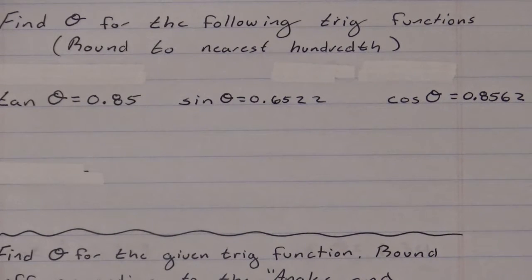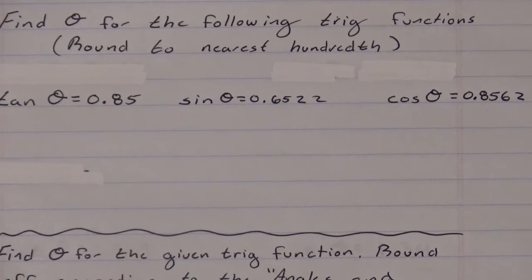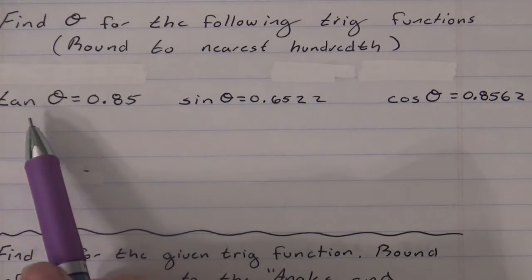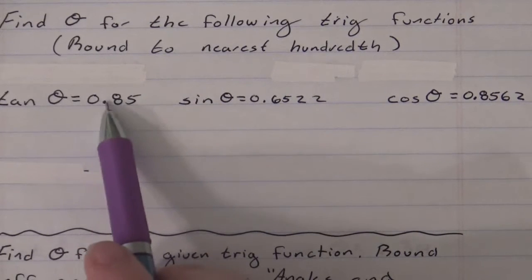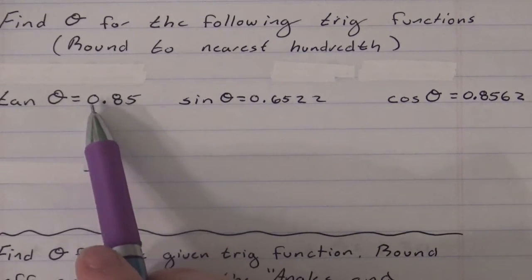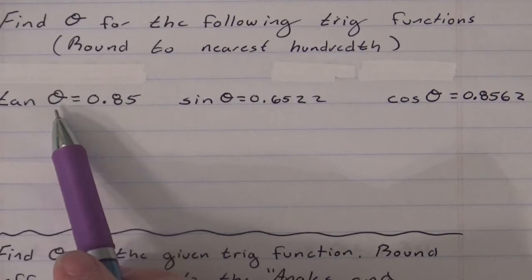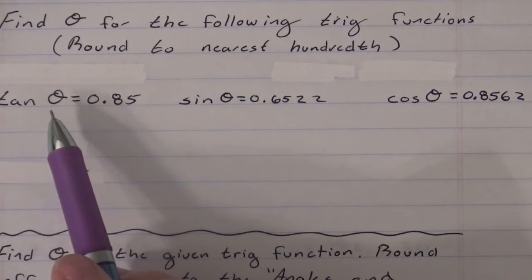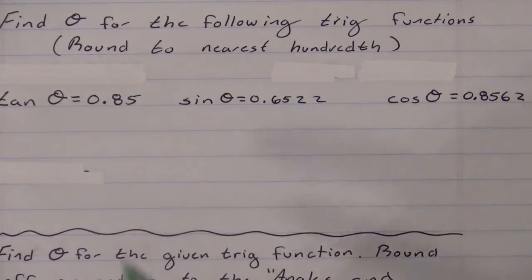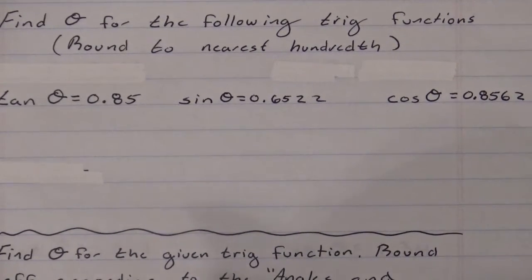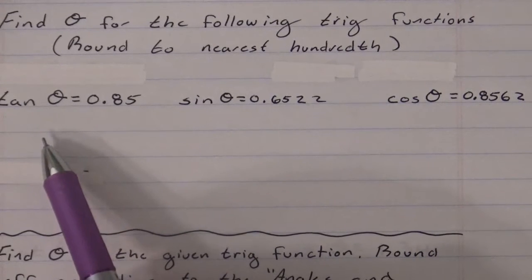Let's say we know what the ratio is, and our job, like on this one, it says that we have tan of theta is equal to 0.85. We already know what tan of theta is. The problem is we want to know what theta is. Basically, what is this degree? Well, this is pretty simple again, because we're going to be using a calculator. But what we're going to do is what we call an inverse function.